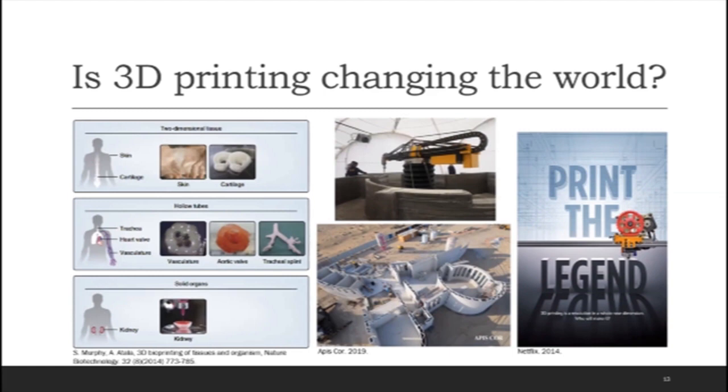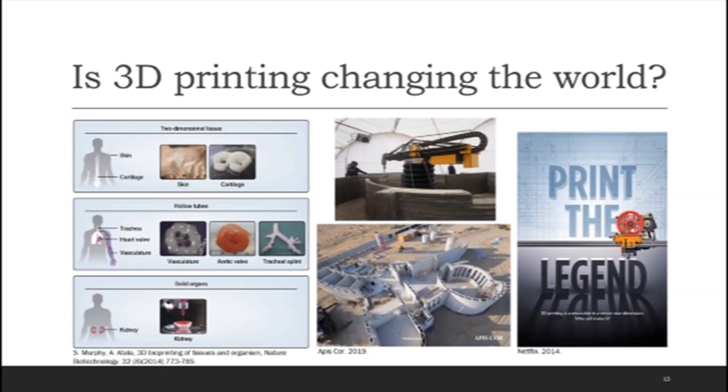Also, it has been seen in the construction world. Now we see 3D printing buildings, 3D printing tiny houses and houses. So this company, actually, I found out they're based in Boston, and they are making big buildings already. So hopefully they'll help with the housing problem we have in the country.